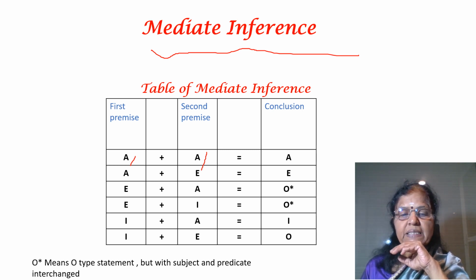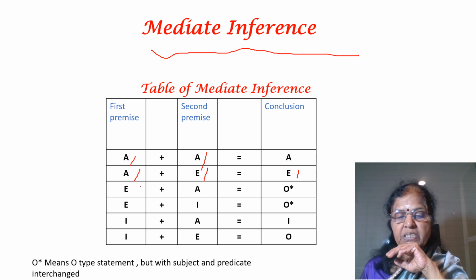So the first one is A, the second statement is A type, then your conclusion will be of A type. And if the first statement is A, the second is E type, then it will give you E type conclusion, valid. And if your first statement is E type and the second is A type, the valid, correct conclusion is O star.